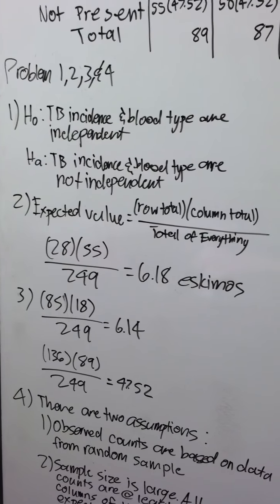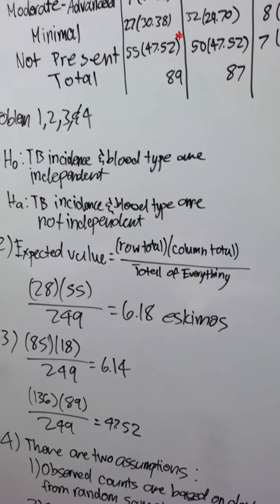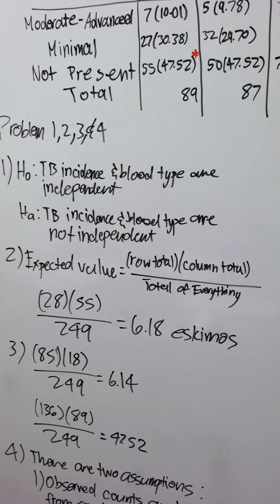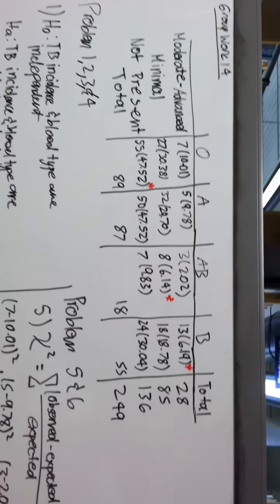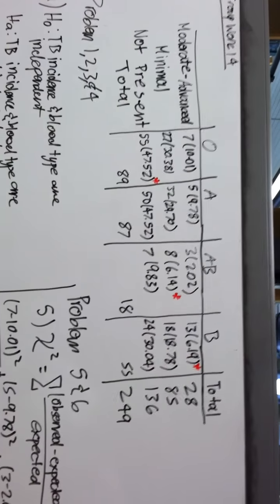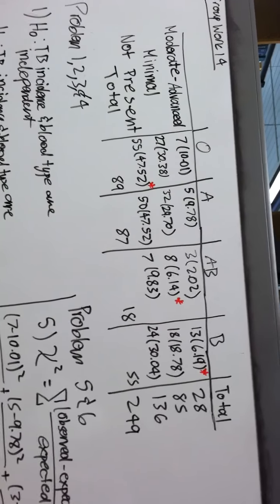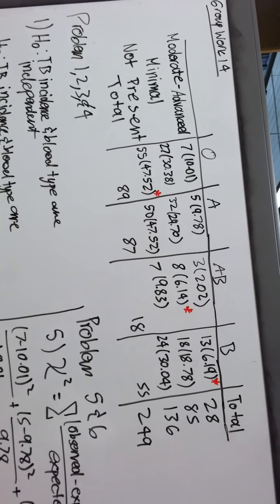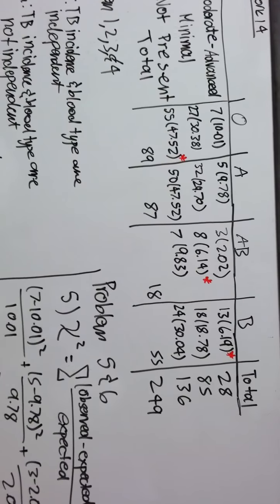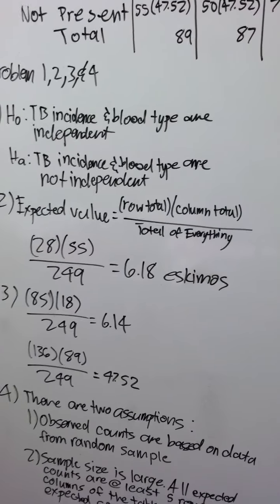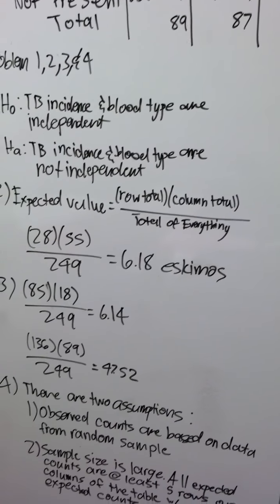So if we're trying to find how many type B Eskimos should we expect to have moderate advanced tuberculosis, then we would need to multiply the total of the Eskimos for the moderate advanced, 28, by the total of the B blood type, and divide by the overall total, and we would get about 6.18 Eskimos.